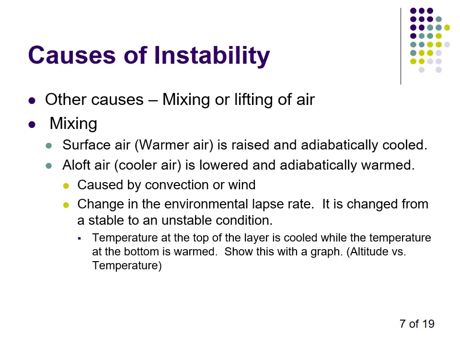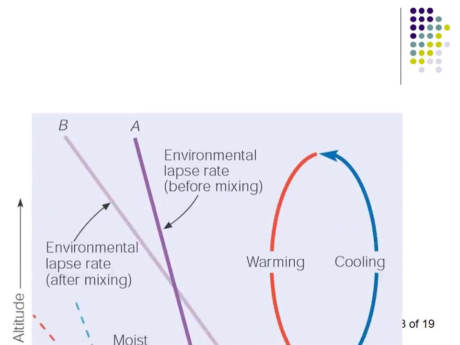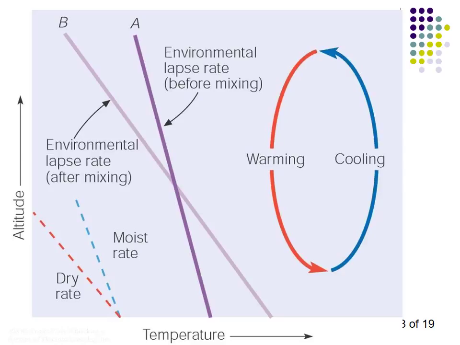Here, let me show you a graph example. All right, so this purple line here is the environmental lapse rate before mixing, and that's closer to the moist, so this would be stable. Right?